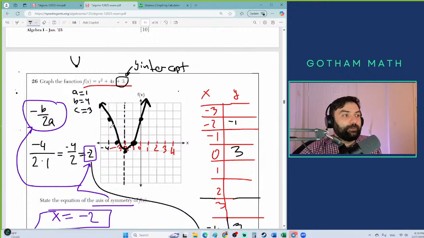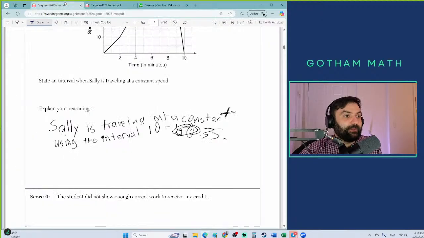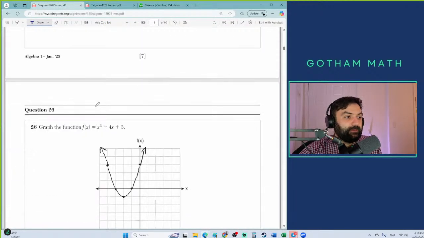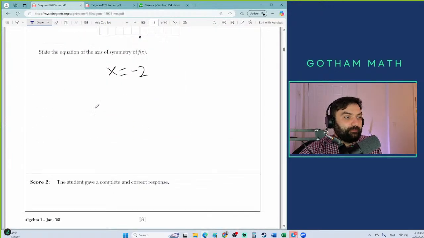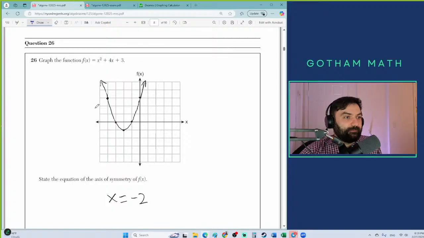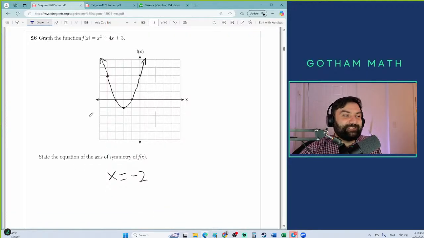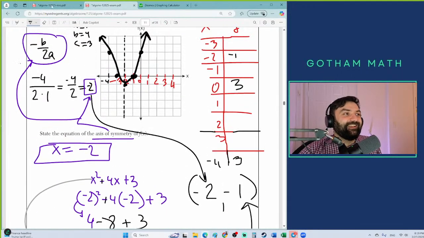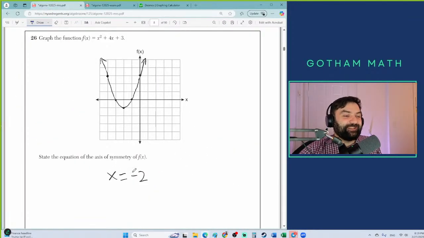Let's go over the correct answers and full credit answers, how it's been done. All right, what does this person do? Look at mine and look at this one, and it's a full credit. Okay, so this person did what I told you as a first way of doing it, on a graphing calculator.